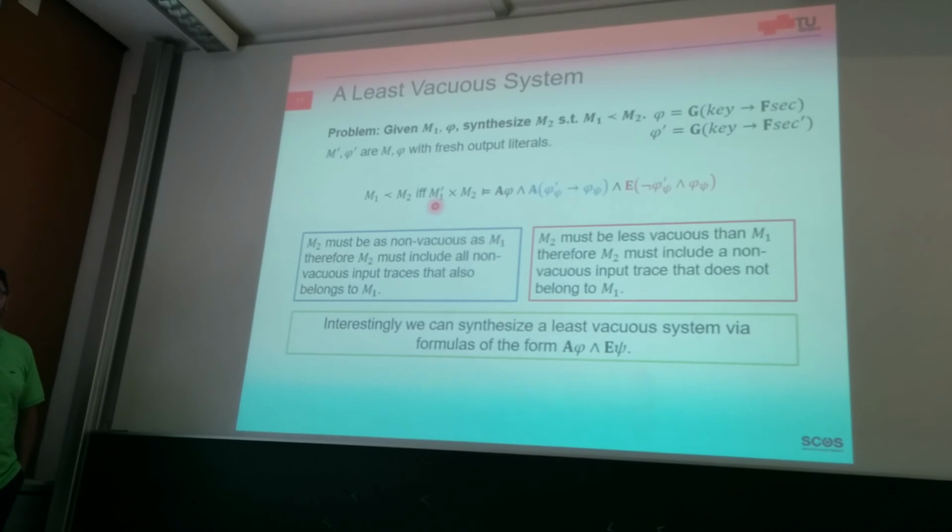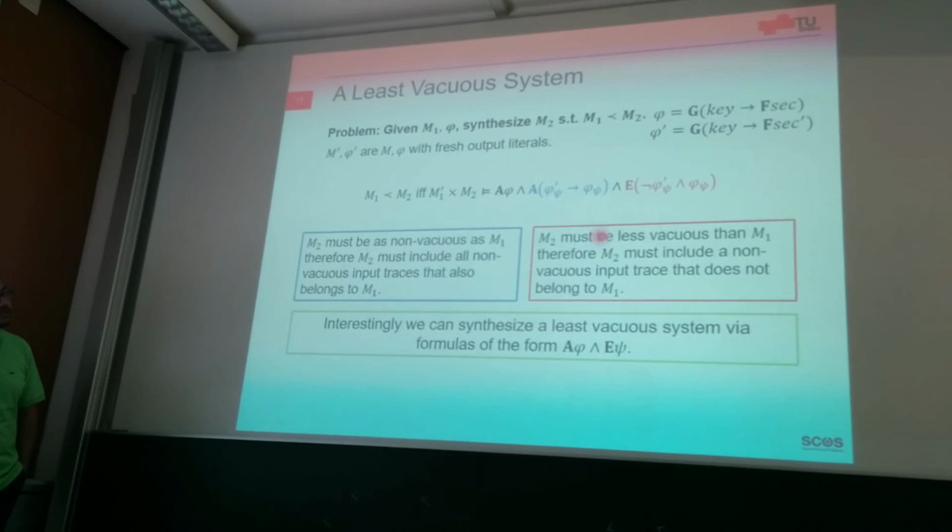This M1 prime is actually given. I will do the synchronous product of this M1 prime and the Büchi automaton. Then I would ask the SMT solver or the synthesizer: is there a symbolic model, namely M2 here, of certain size that will satisfy this implication and this conjunction?